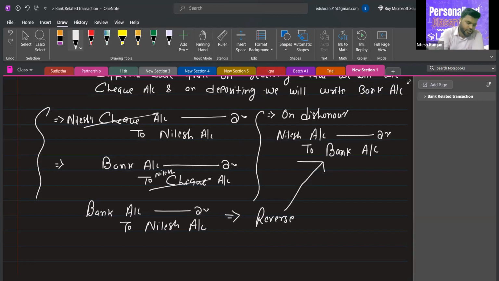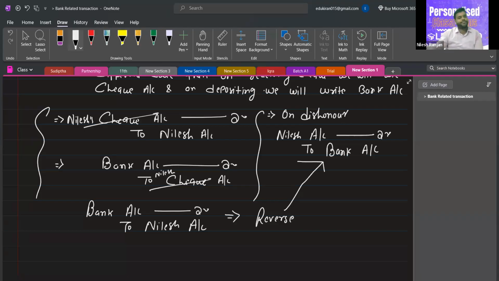Can you read question number 7 again? Ramesh's check deposited in bank April 7.